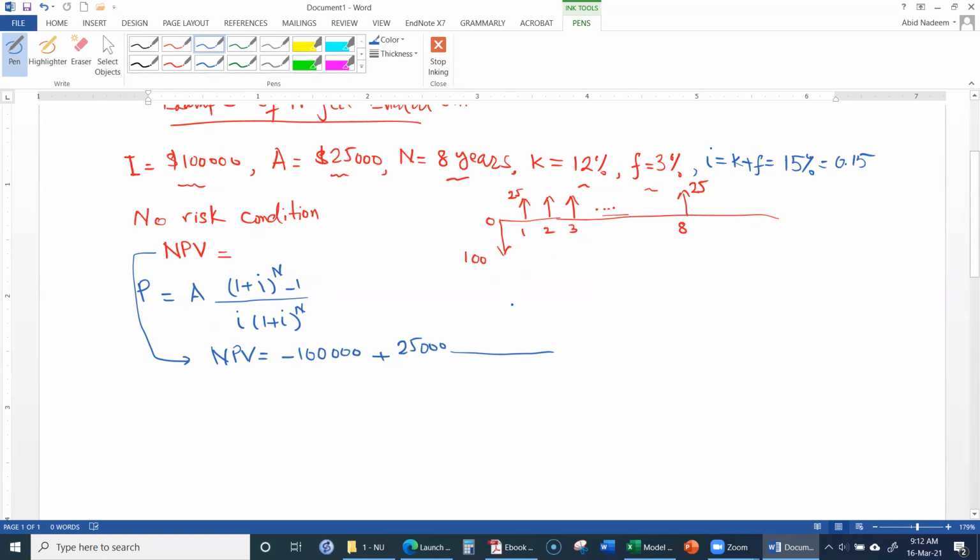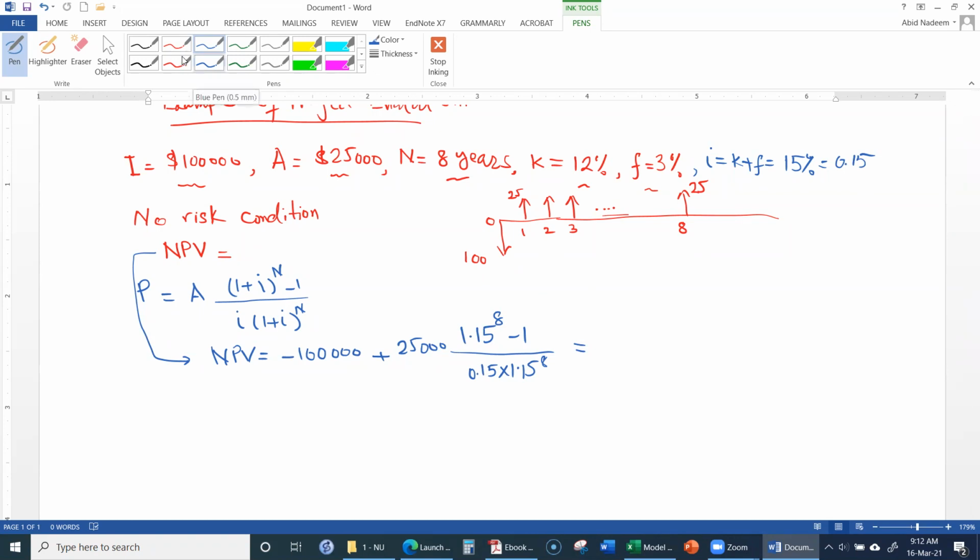Okay, so it will be 1.15 power 8, and then minus 1, divided by 0.15 into 1.15 power 8. So if you calculate it, then you can get the answer.